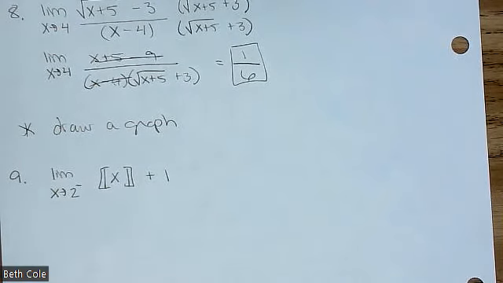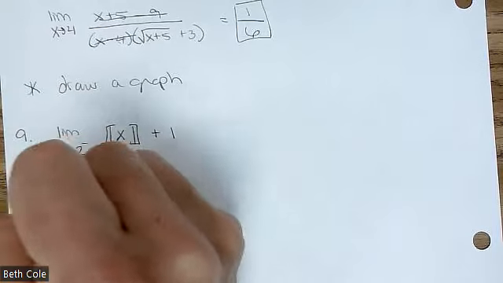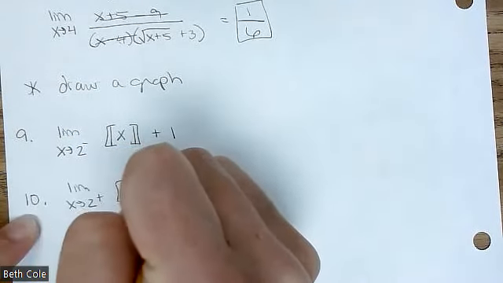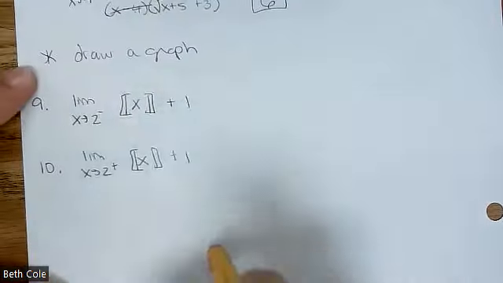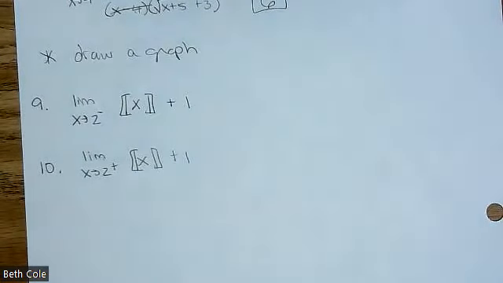Okay, these don't take a long time. You just draw a graph and then look at it. Actually, I'm gonna make 9 and 10 be based on the same graph, so we can just draw it once. Sorry, that's an M. Yeah, it's not an absolute value.